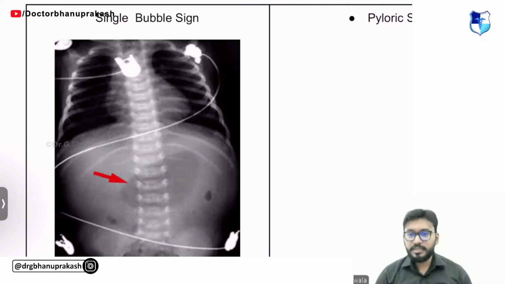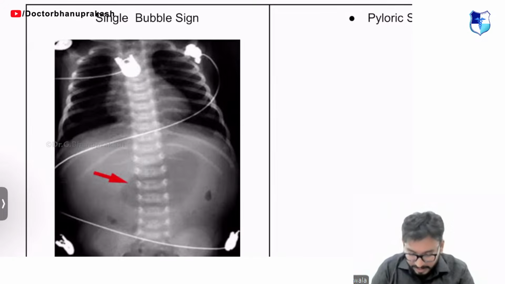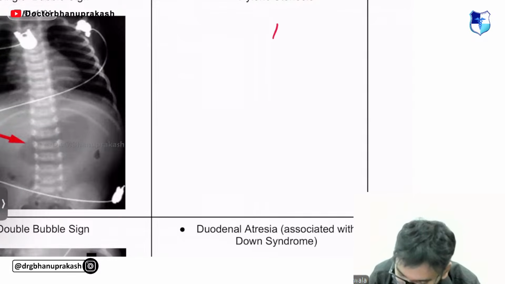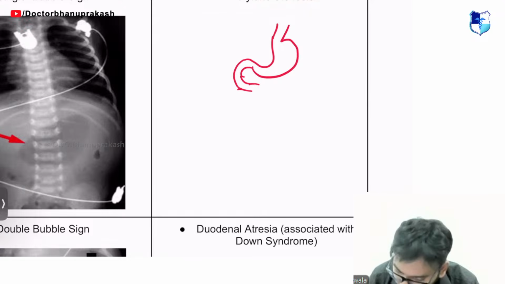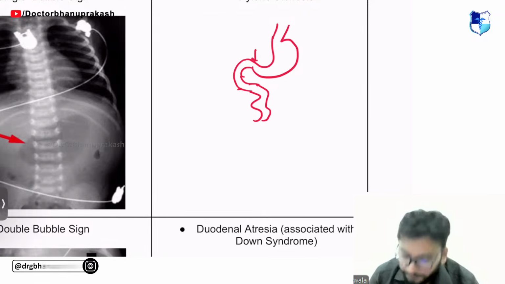I'll tell you a very simple, very logical explanation about how to remember this. See, this is your stomach. This is your duodenum. Then what comes? Jejunum. This is the pylorus of the stomach.